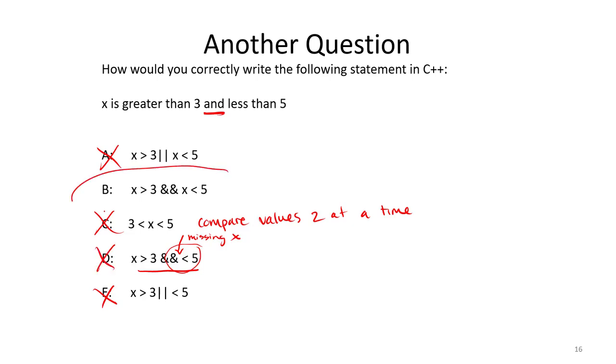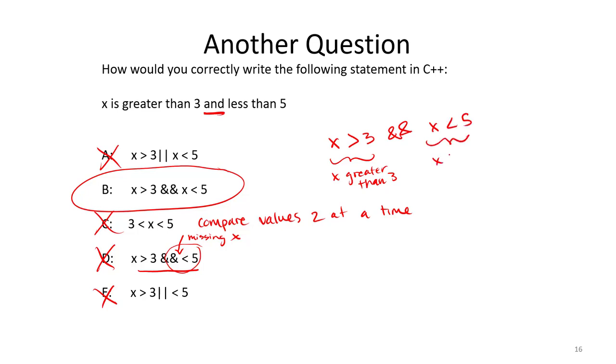The correct answer here is choice B. We want to check, is x greater than 3? And x less than 5. Choice B is the correct result.